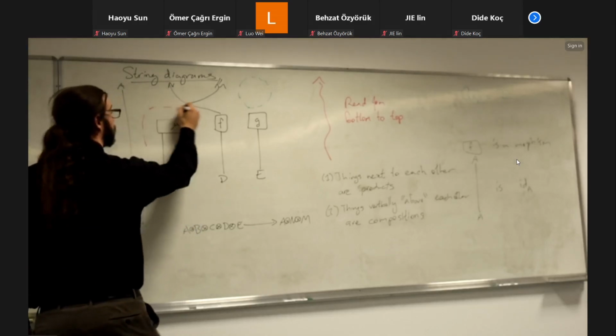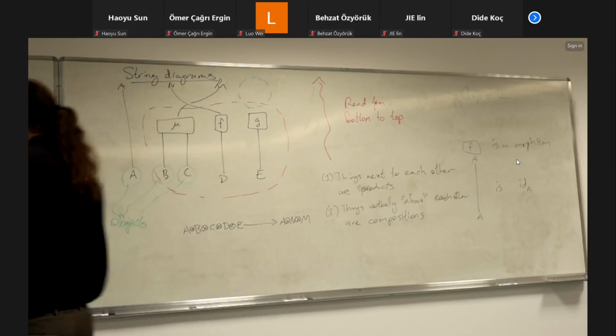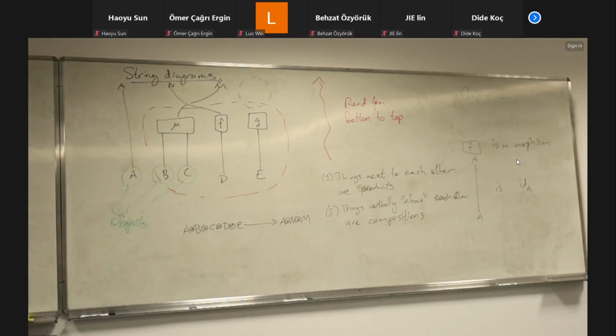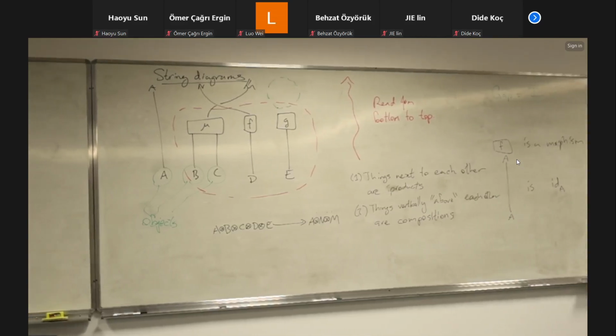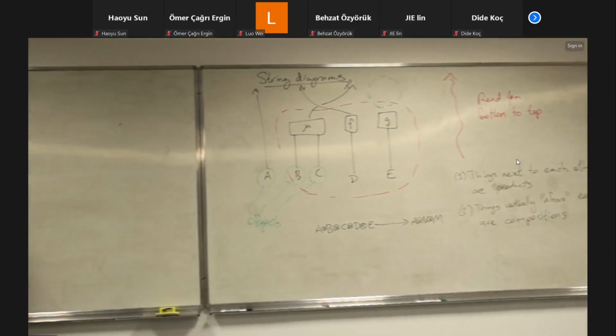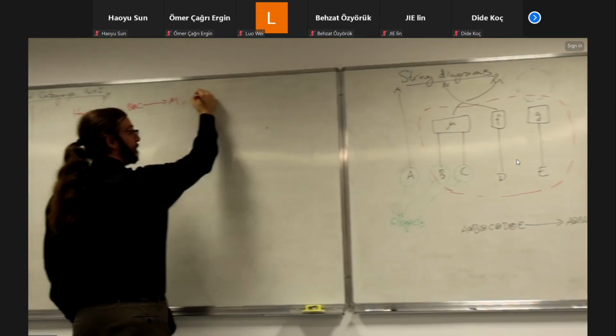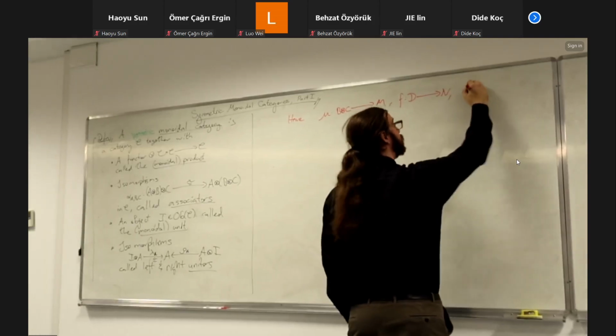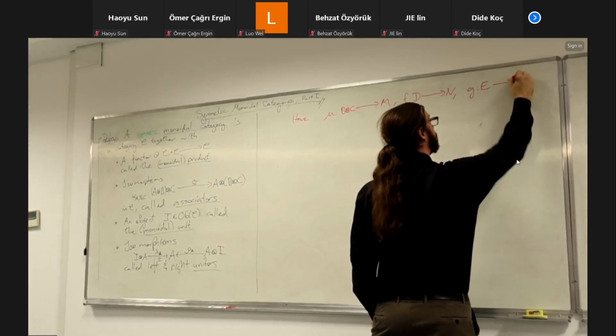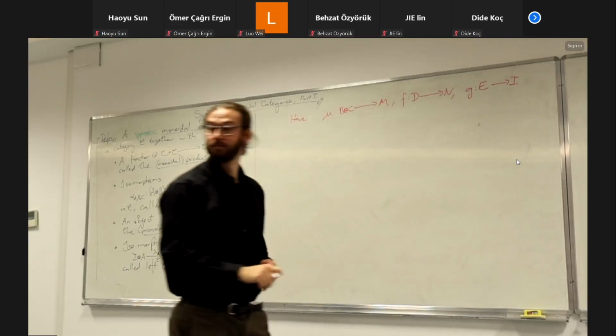First, let's just think about this part, because it's just involving a tensor. So what this tells us is we have some morphism mu. We're given some morphism mu that goes from B tensor C to M, some morphism F from D to N, and some morphism G from E to the monoidal unit.